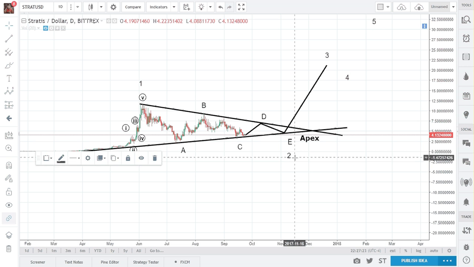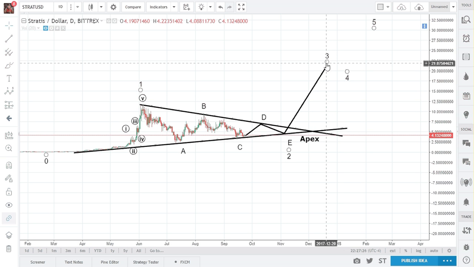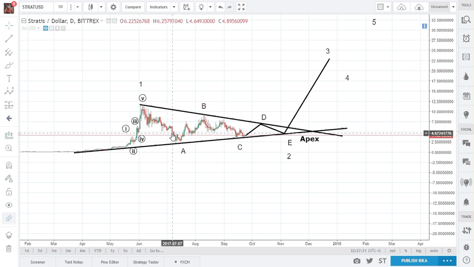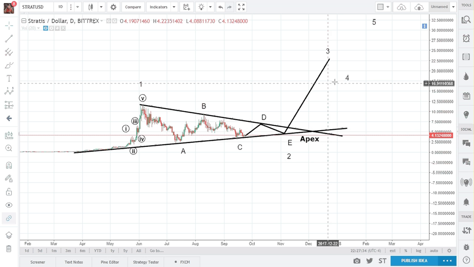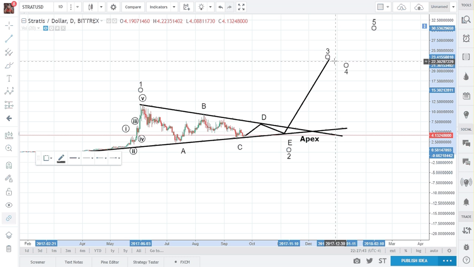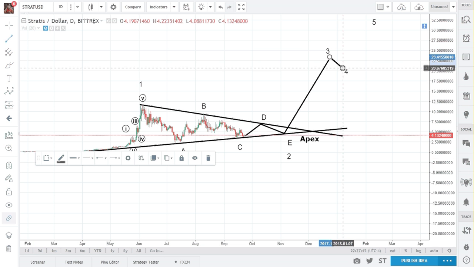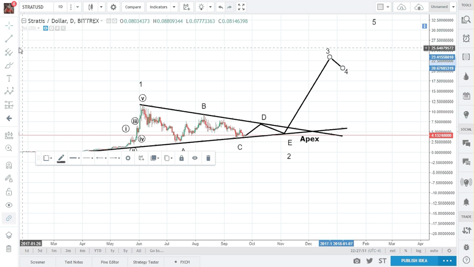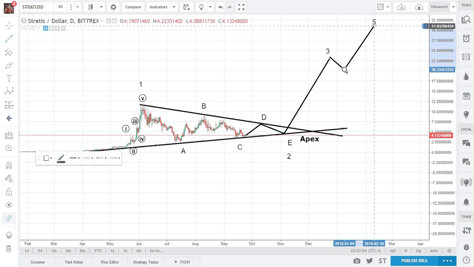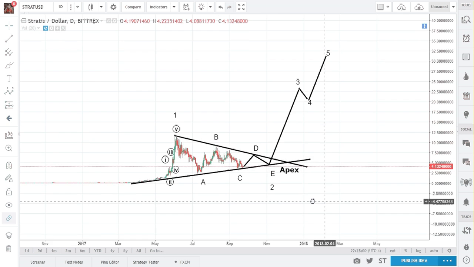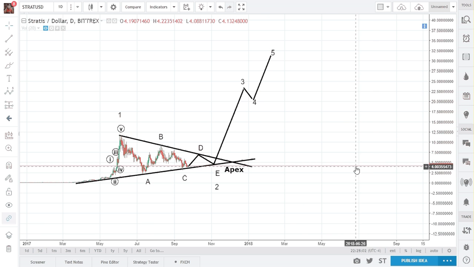So let's think about the rule of alternation. In this case, 1, 2 is complex because it's an A, B, C, D, E. So that means 4 will be what? 4 will be very simple, probably a simple zigzag A, B, C. Okay? And then you'll see 5. That's how I see the potential.